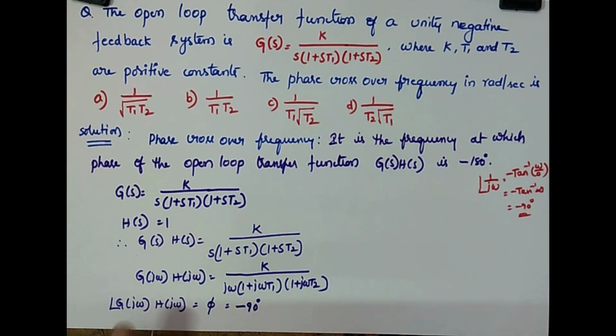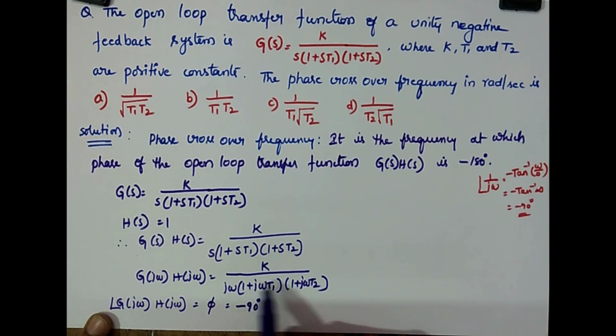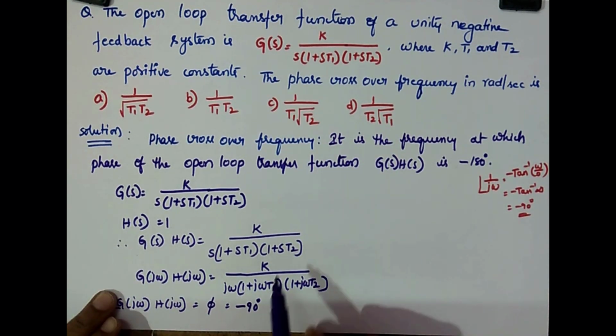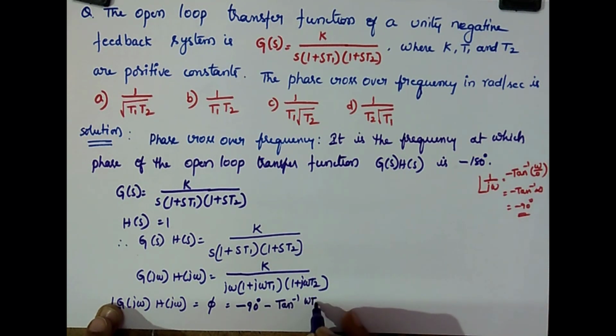Then the next term is 1 plus jωT1. The phases of product terms become a summation. So the next term, 1 by (1 + jωT1), as it is 1 by, again gives a minus, then tan inverse of imaginary ωT1 by real 1, so you can leave it.